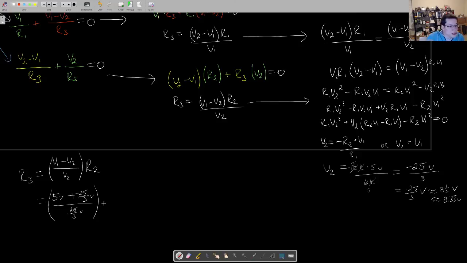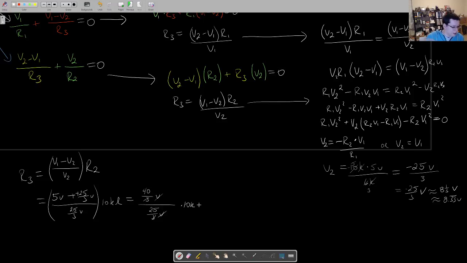All of this times R2, which was 10 kilo ohms, equals 40 over 3 volts divided by 25 over 3 volts. Well, the volts cancel. The over 3's cancel.